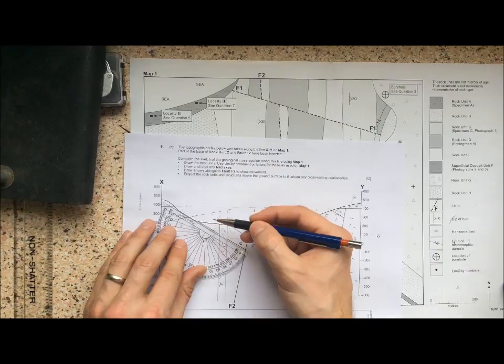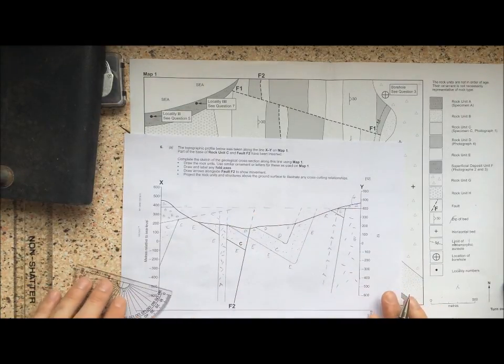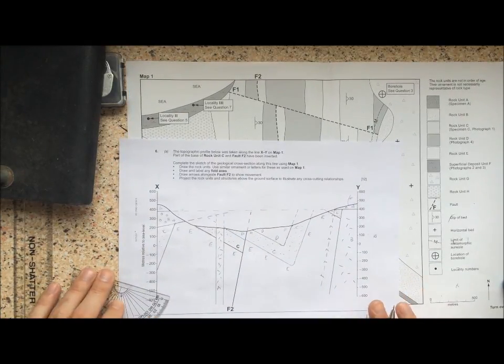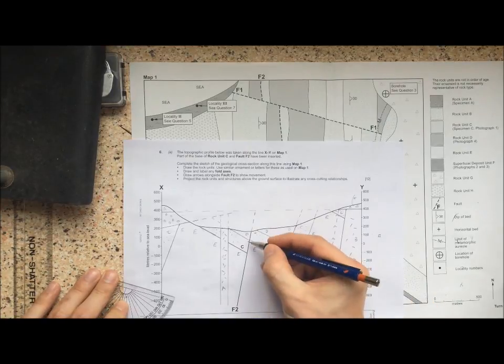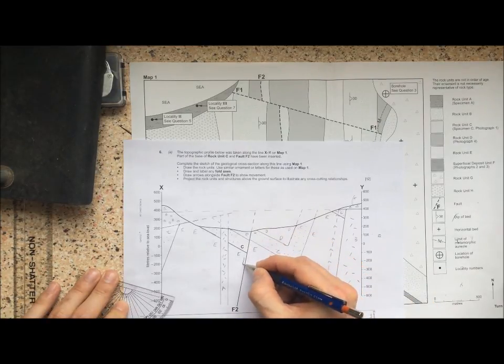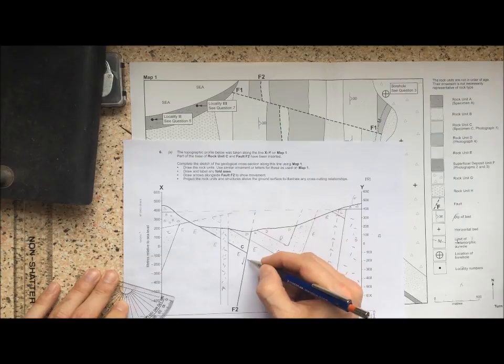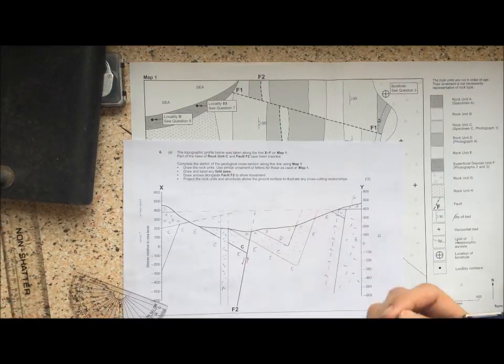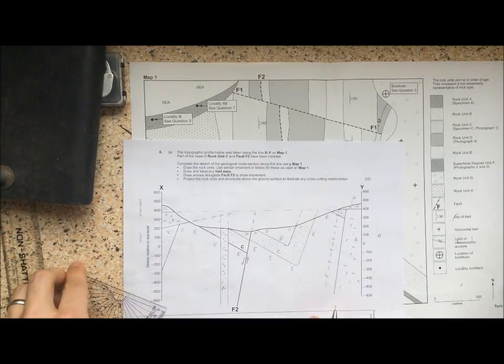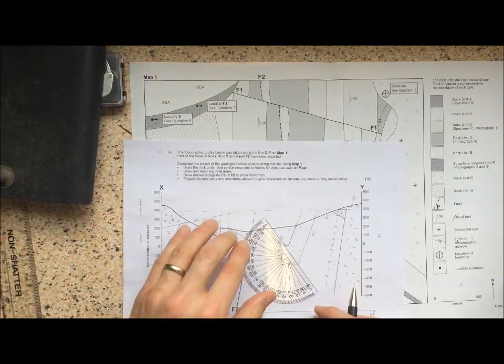And can't really get much in there, but that's okay. So we need the movement on the fault. So say the bed C has come down, so the hanging wall has been down thrown. It's a normal fault.